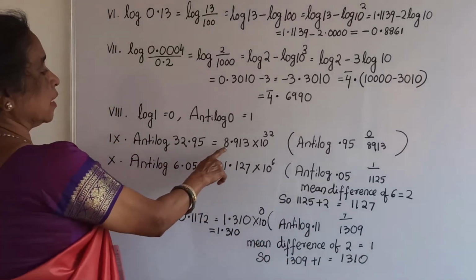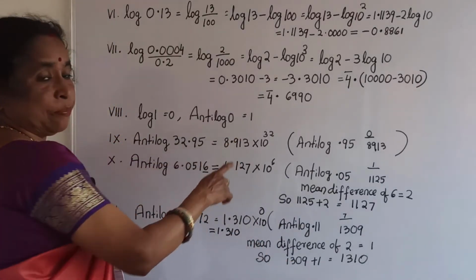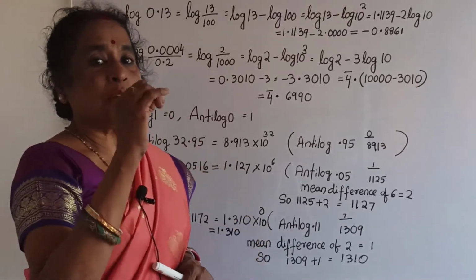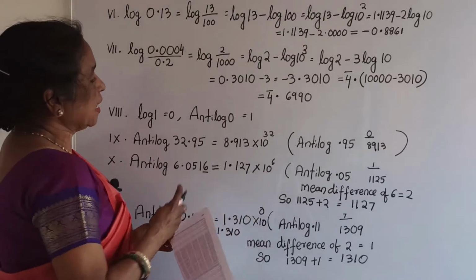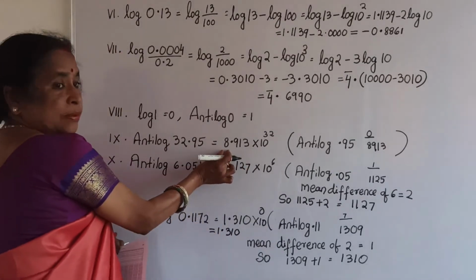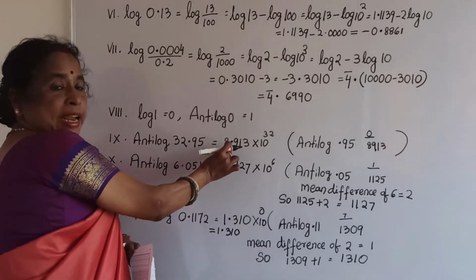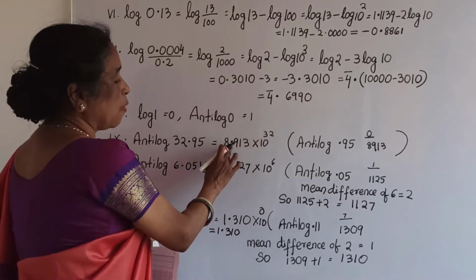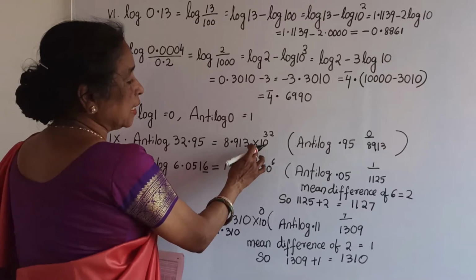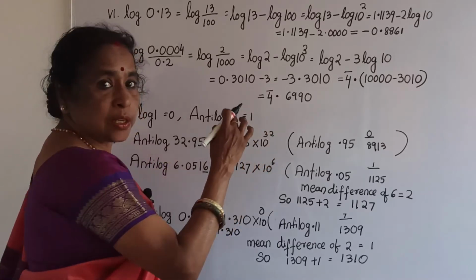So you put 8913, but after one digit you should put a decimal, that means after 8 you put the decimal. Then what is the answer? 8.913 times 10 to the power 32.